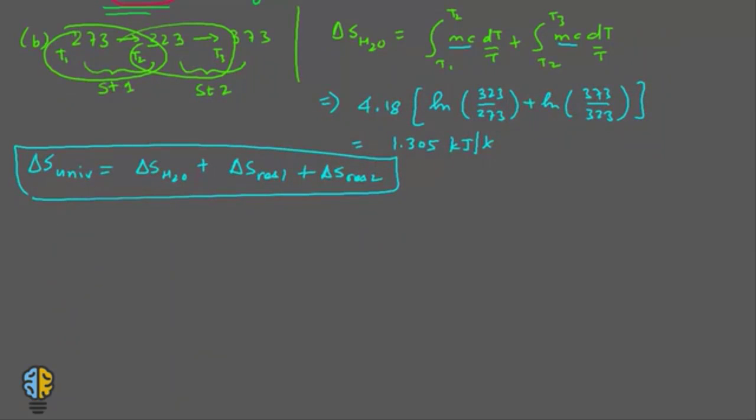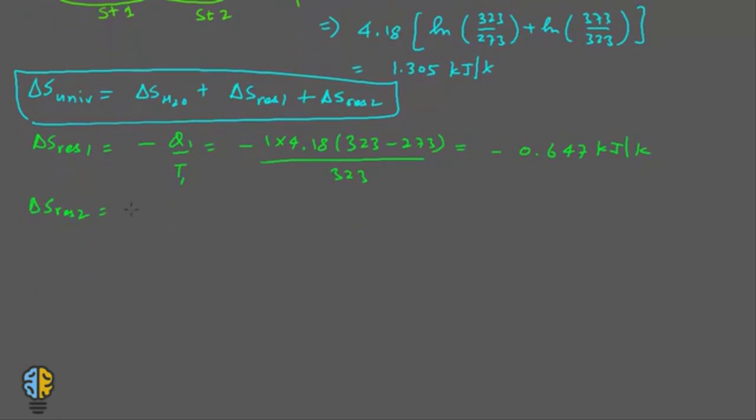Okay, so delta S reservoir 1 would be equal to minus Q1 by T1. So it is minus 1 into 4.18 into 323 minus 273 divided by 323, and this becomes equal to minus 0.647 kilojoule per Kelvin.